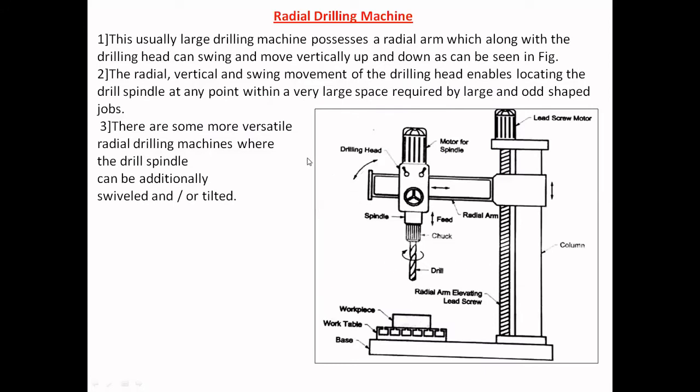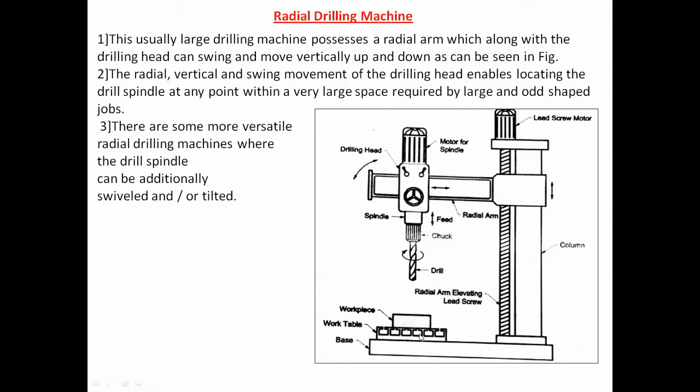Next, this is a radial drilling machine. You can see here the column is supported by the base, as well as this work table is again supported by the base. This work table is fixed here, but in some cases it is rotated by 360 degrees around the axis of the column.